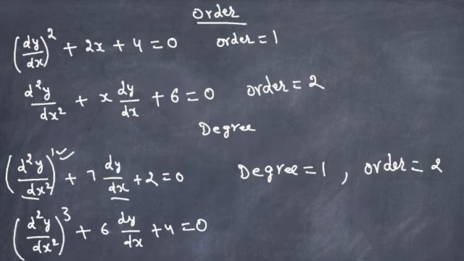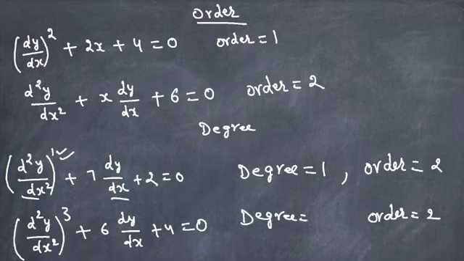First of all, it's a second derivative, d squared y over dx squared, so the order is 2. How about the degree? Degree is the power of the highest derivative. The highest derivative is the second derivative, this term over here, and the power of this term is 3. So the degree of this differential equation is 3.